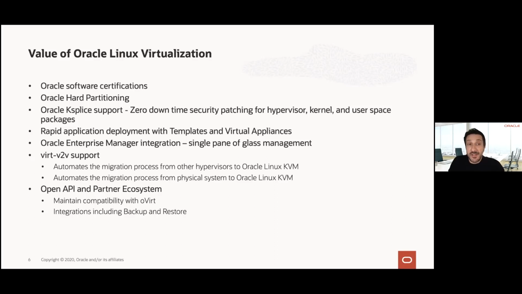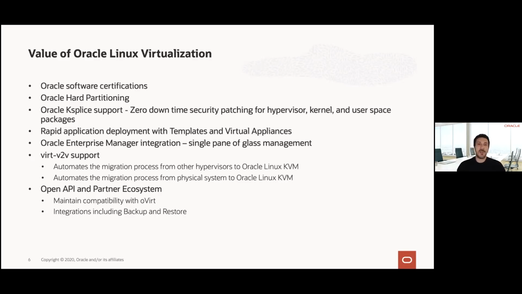Again, the rapid application deployment. So we have templates and virtual appliances that allow to automate the deployment of services. Another option that we have with Oracle Linux KVM is related to the Oracle Enterprise Manager integration. Oracle Enterprise Manager is a monitoring and administration solution for all the Oracle products.